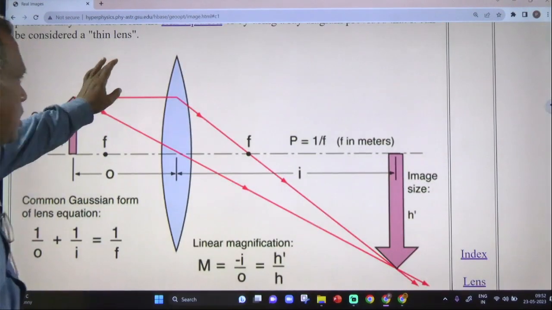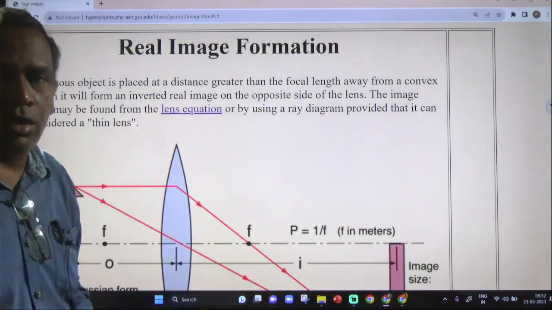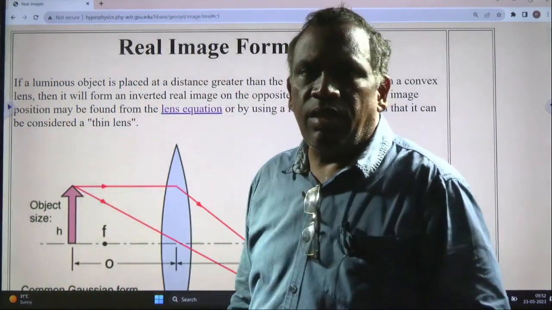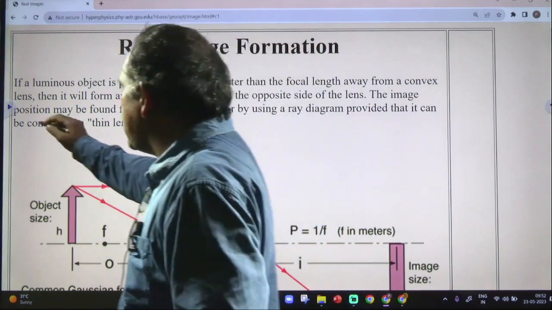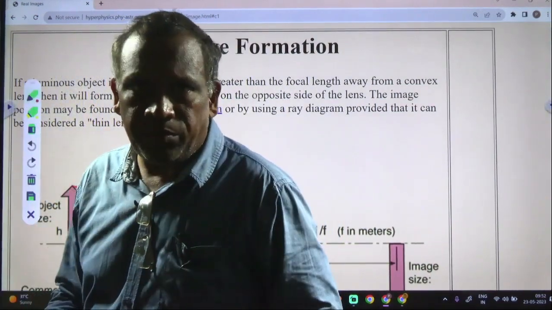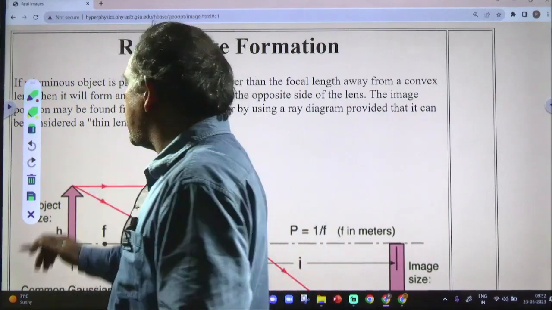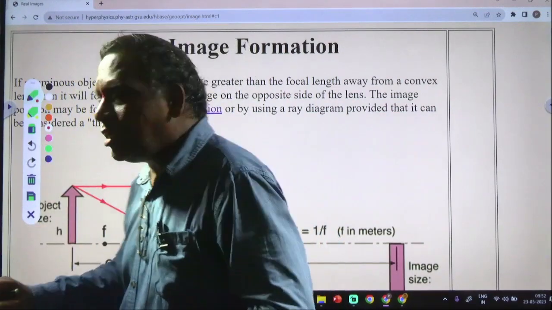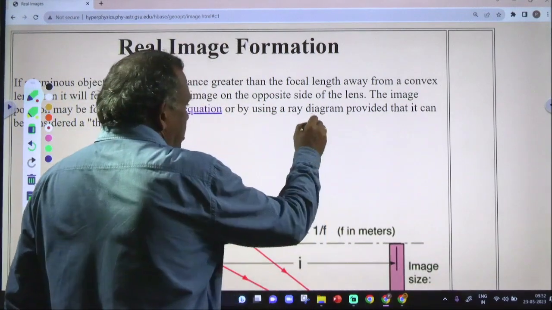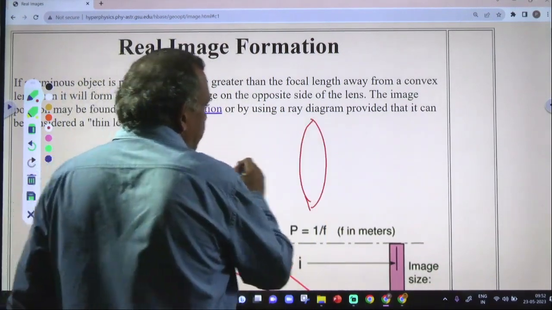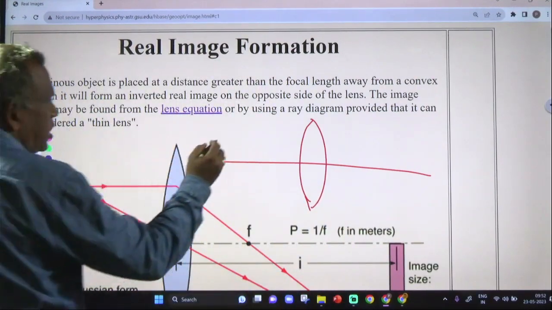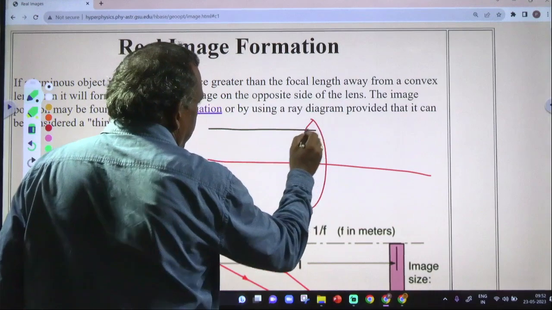What are the different cases in lenses? Take the convex lens; there are 6 cases. In the first case, if the object is at infinity, the image is formed at the focus. Let us take the convex lens, the principal axis, and the rays parallel to the principal axis.